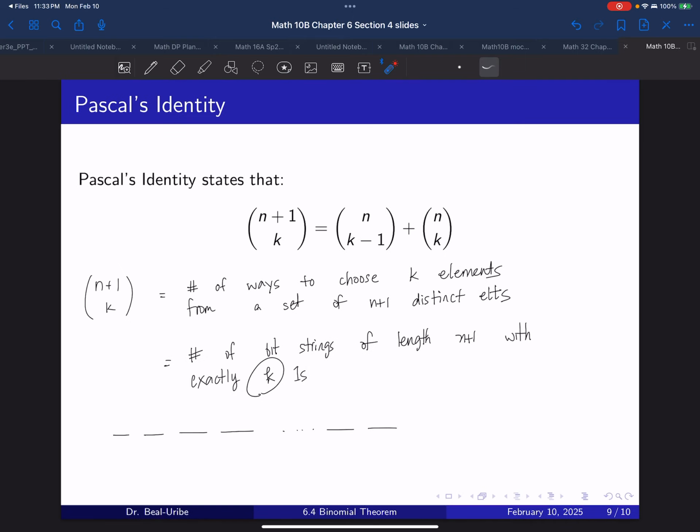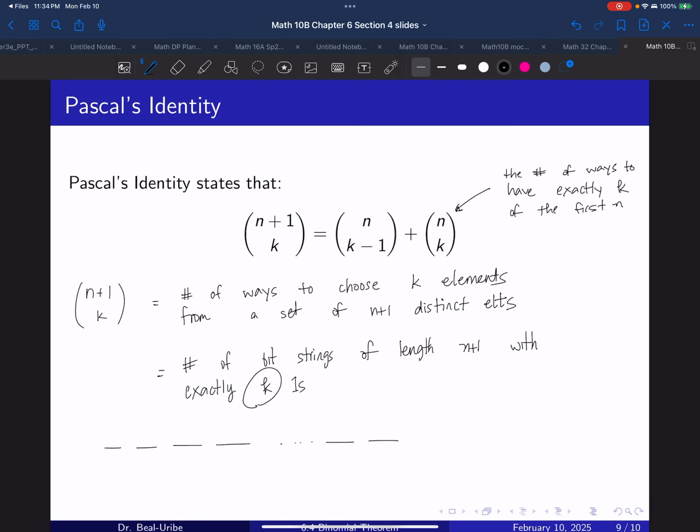So what we're essentially doing is saying this right here is the number of ways to have exactly k of the first n terms be 1s, right? So the last term is a 0.